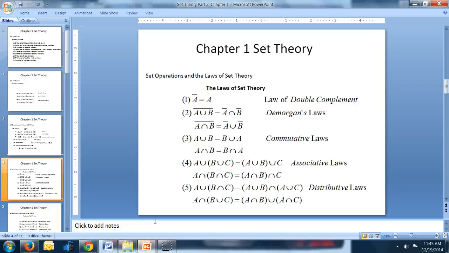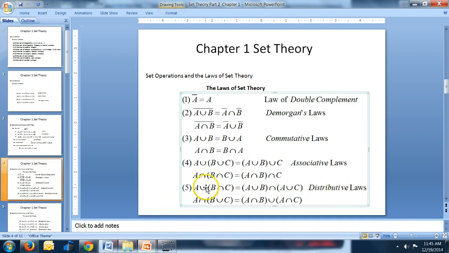The first thing is the double complement: the complement of the complement is equal to A. Then the De Morgan theorem that we saw, the commutative law, the associative law, and the one I was talking about last, the distributive law or distributive rule.